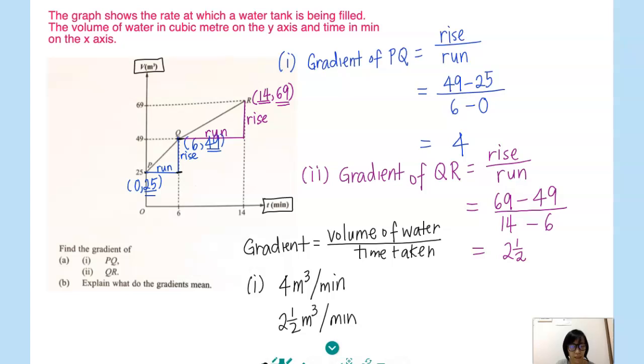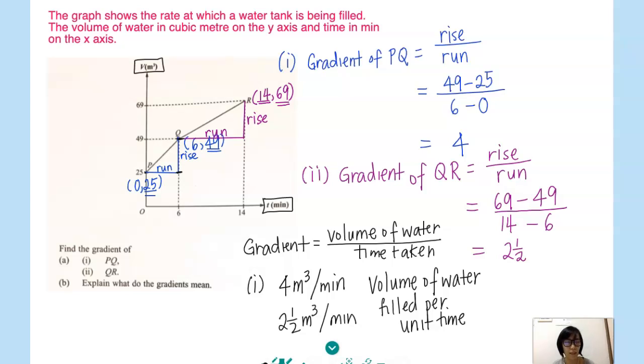So basically, the gradient represents the volume of water filled per unit time. As you can see, for QR the volume of water filled per minute is lesser, and for PQ the volume of water filled per minute is more.